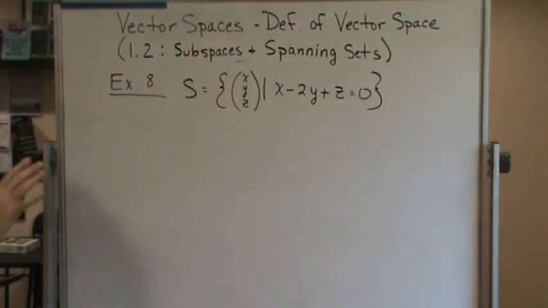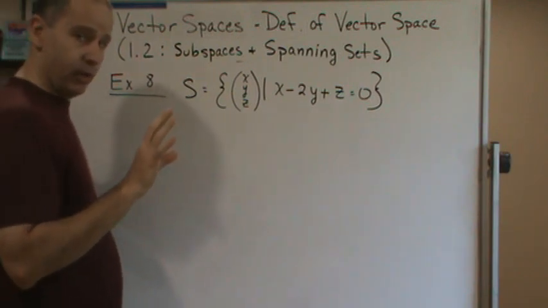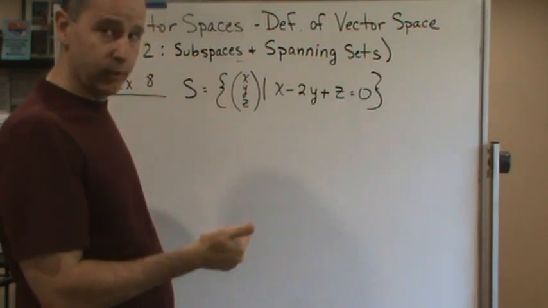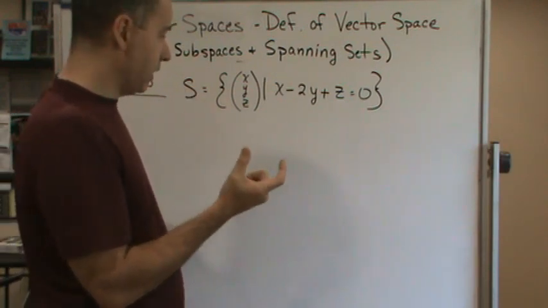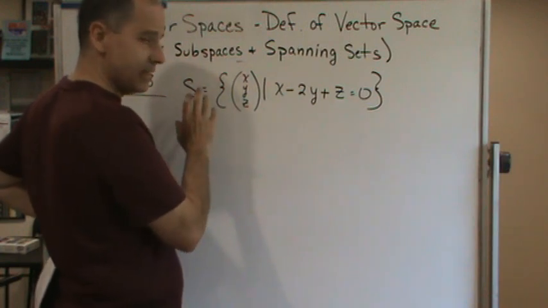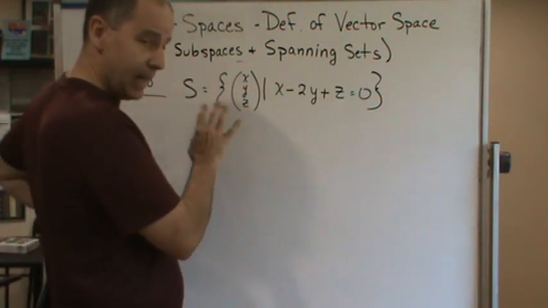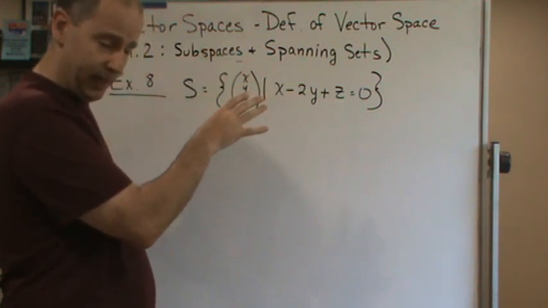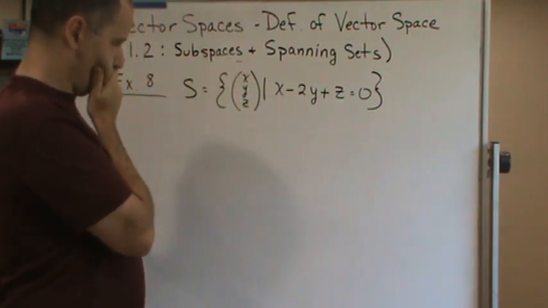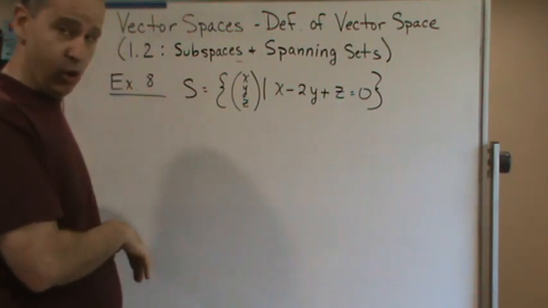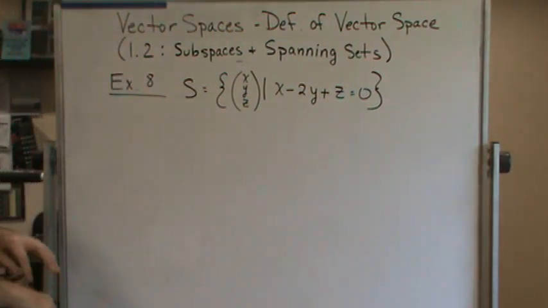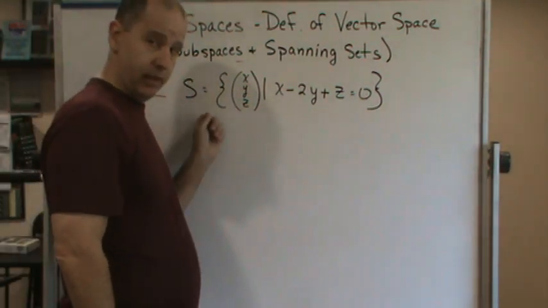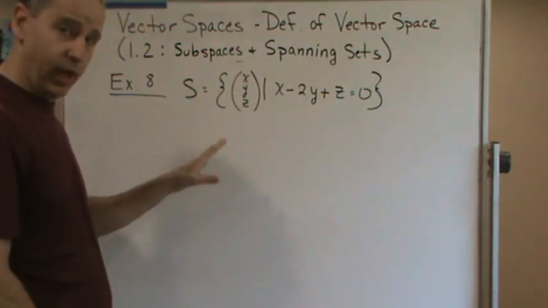Now, because all of those three statements, 1, 2, and 3 are equivalent, we're really going to focus on 2. Because really all we have to do is show that S is a non-empty subset of a vector space, and then show that it's closed under linear combinations of any pair of vectors in S. If we do those two things, we're done.